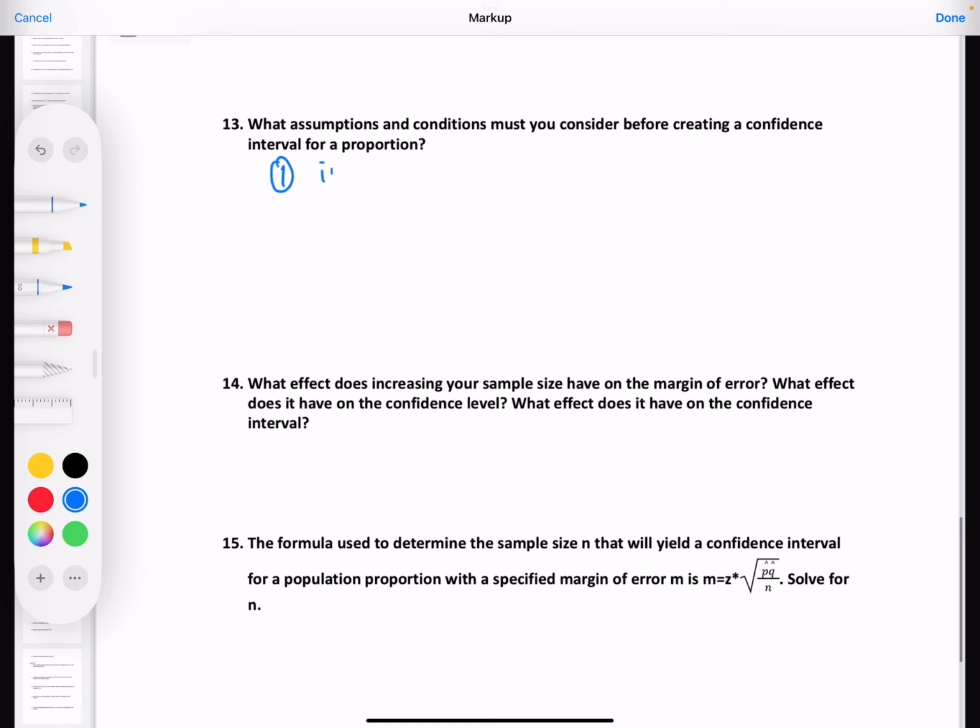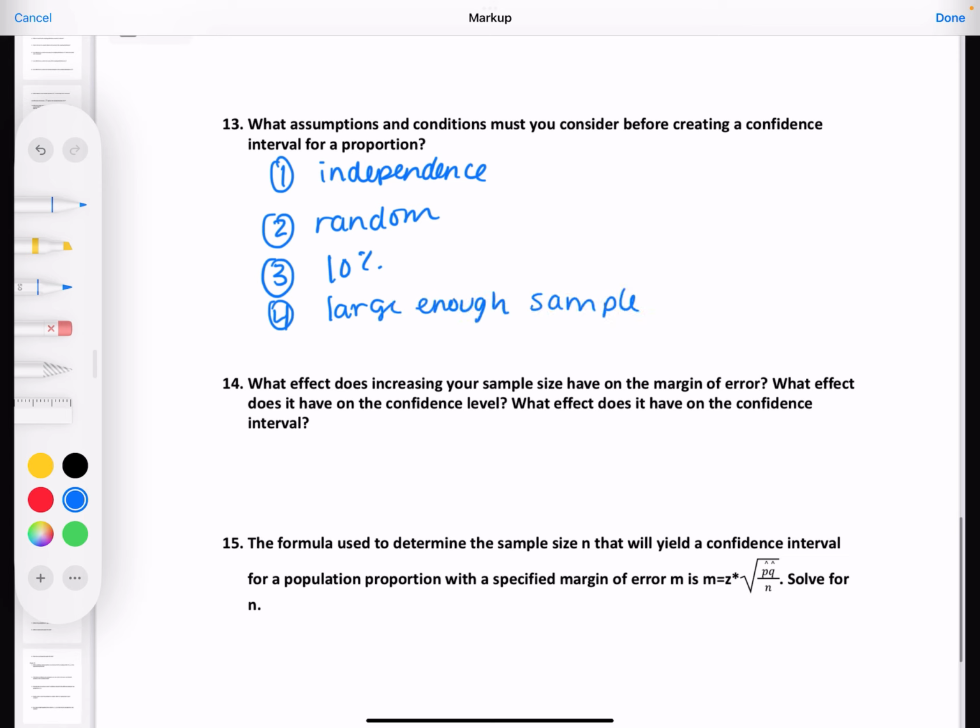So independence, random, 10% condition, large enough sample, and success failure.